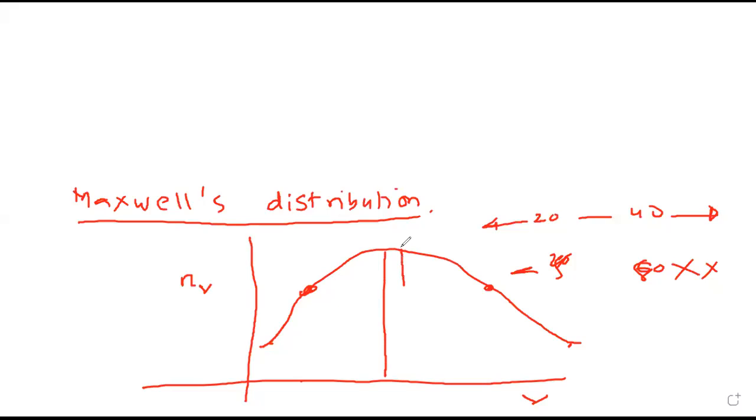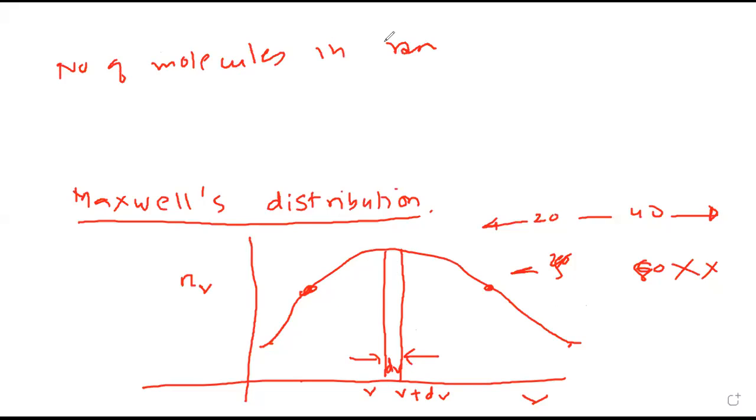Area under the graph between velocity v and v plus dv, that means this is the interval dv. So multiplying by this, the number of molecules in the range v and v plus dv is nothing but N(v) into dv.